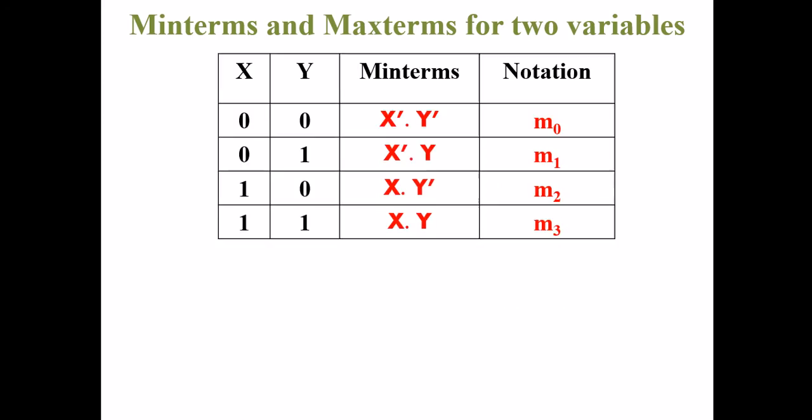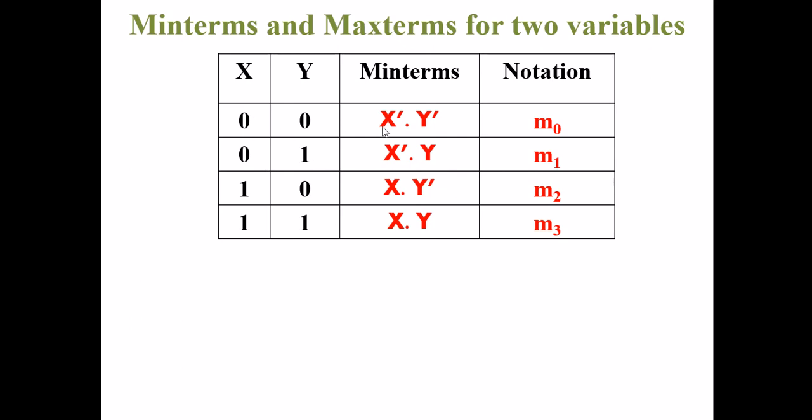Now this is a table related to two-variable minterms. Here we have one variable x, another is y. We have four combinations 00, 01, 10 and 11, and their respective minterms. 0 will be represented as x complement, and 1 will be represented, for the case of y, as y without complement.